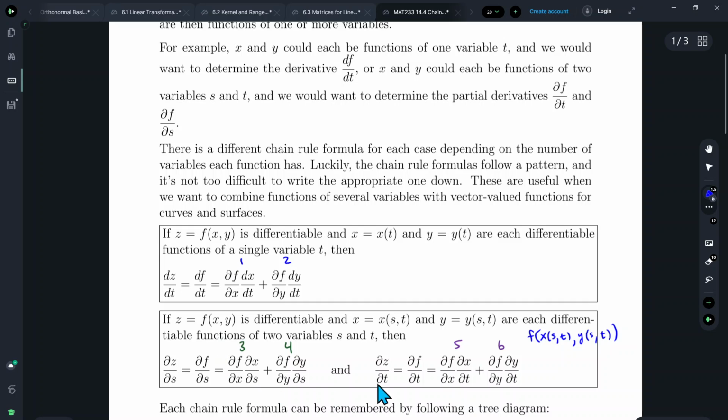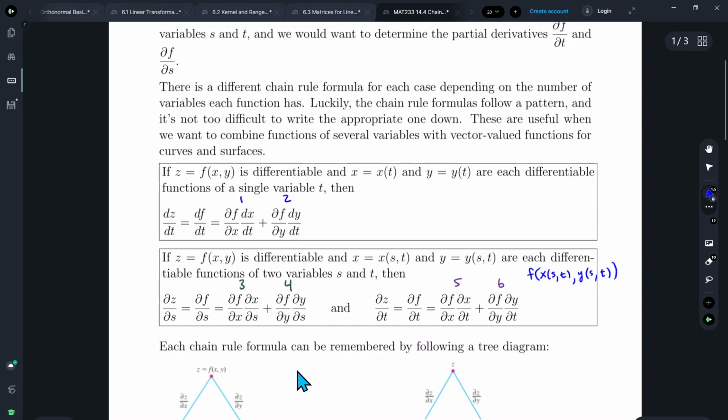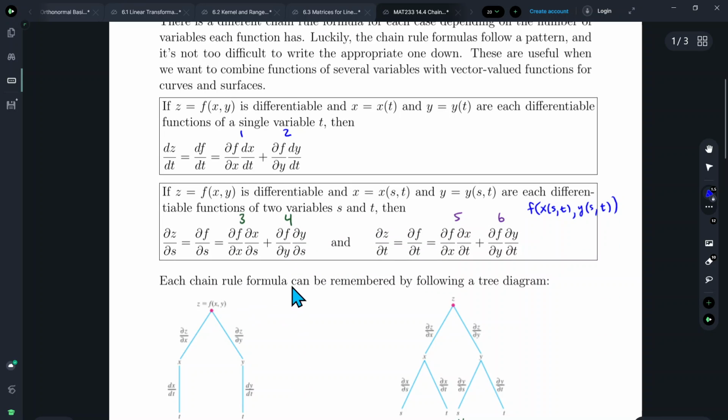Okay, so even though each of the chain rules is slightly different, there's similarity between them, and essentially each chain rule formula can be remembered by constructing the following tree diagram. So at the top, you have your outermost function. So in this case, my function f.